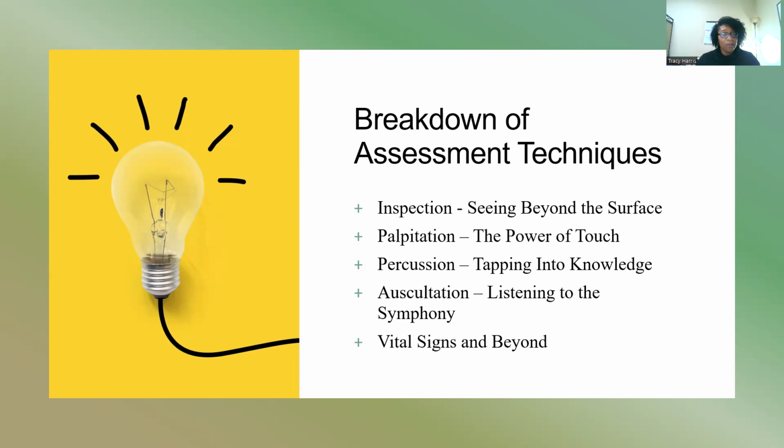You're going to ask that pain scale, especially if somebody comes in and they're saying, I'm having pain. And all of these, along with height and weight, and even nutritional status, give you an overall assessment of the patient, and you're putting together all of the pieces of the puzzle.